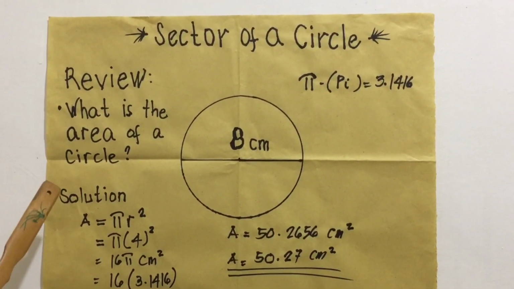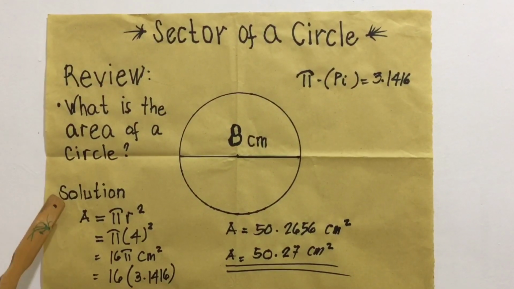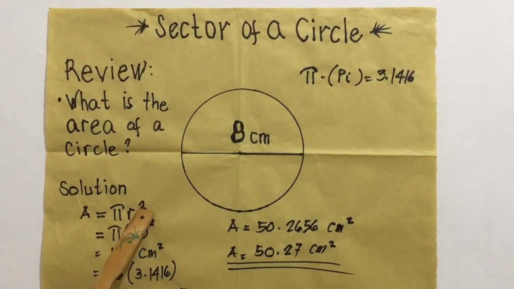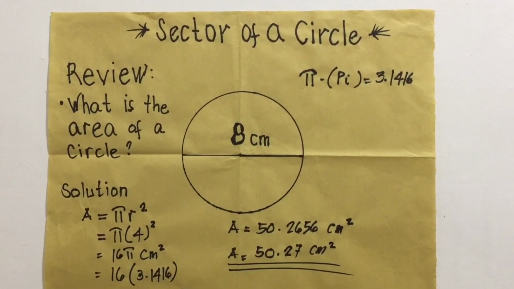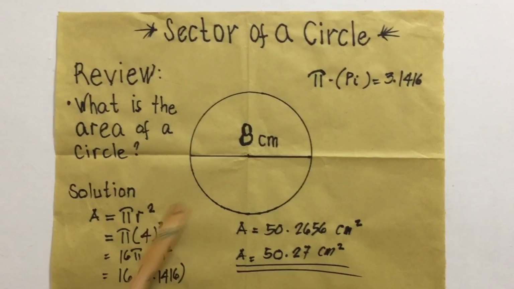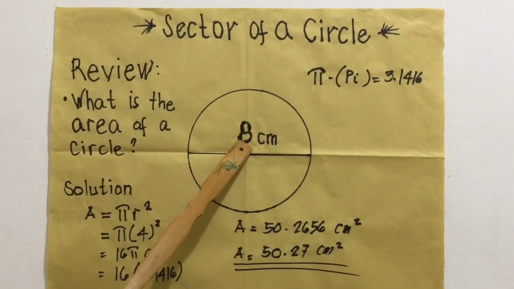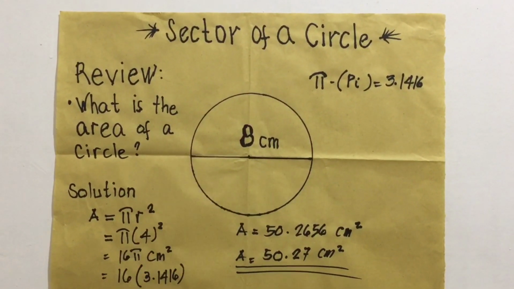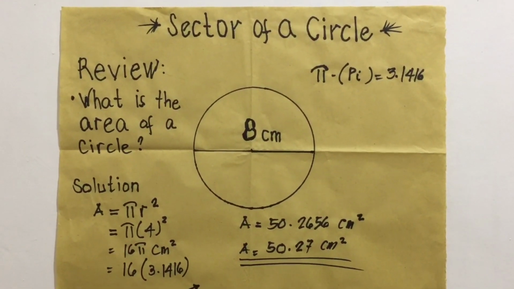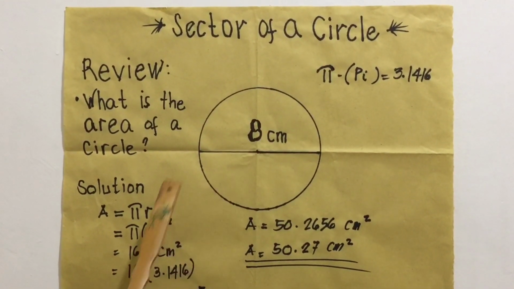So the formula for the area of a circle is area equals pi r squared. Then we're going to know the radius. Since the given is 8 centimeter, the diameter, the radius is half of the diameter. So half of 8 is 4.